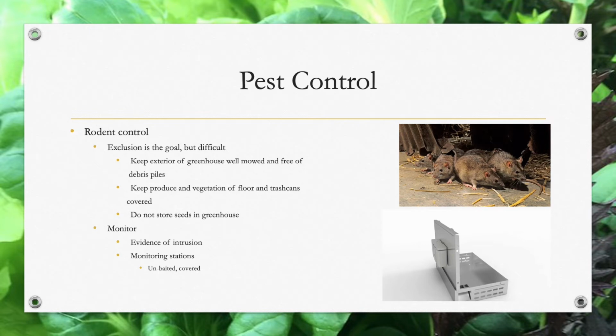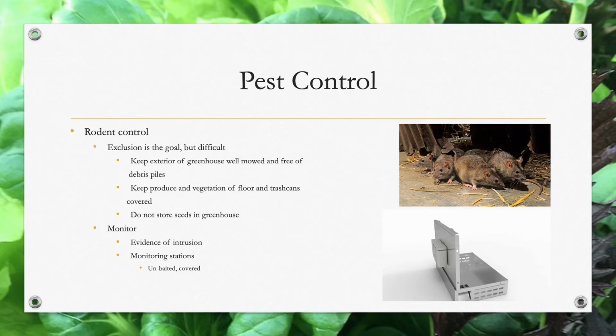They can get in through a 1/4 inch opening. Exclusion is obviously the goal, but it can be quite difficult. So we're talking about pests here that can harbor and transmit human pathogens. Occasionally there's bird intrusion, but that's a pretty obvious one, so monitoring for bird intrusion is not really practical.